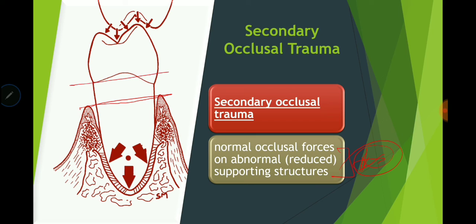This part of the root is exposed and there's no gingiva. So this means you end up having secondary occlusal trauma, meaning the primary problem here is gingival recession. The secondary problem is going to be secondary occlusal trauma due to reduced periodontium.